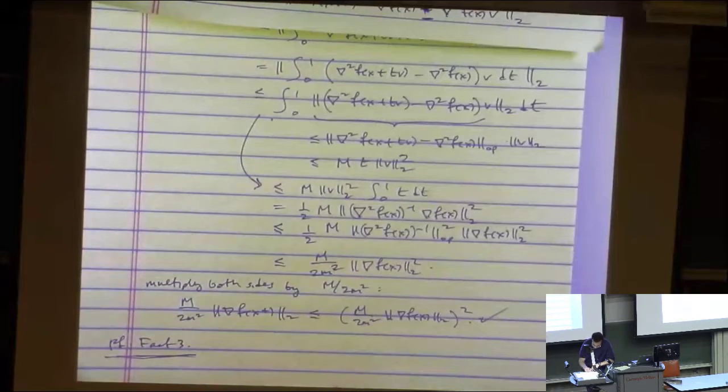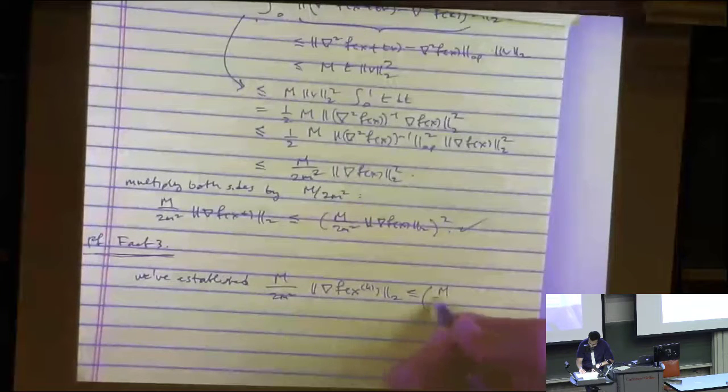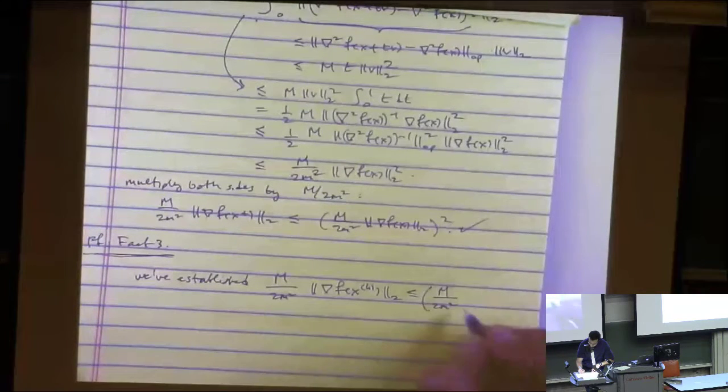Okay, so what we've established is this. Let's go back to writing things in terms of iteration numbers. The gradient of f at iteration k is less than or equal to the same quantity squared at iteration k minus 1.